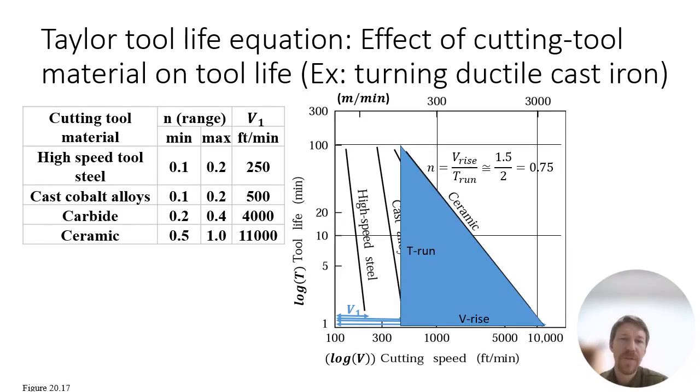You see the T run then is about 2 decades and the V rise is about 1.5 decades. And so since n is V rise over T run, it's 1.5 over 2, and that's 0.75. And you can see from the table that 0.75 is about halfway. It's in about the middle of the range of using ceramic tools to cut ductile cast iron. The range in the table there is 0.5 to 1.